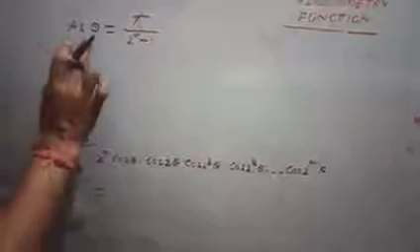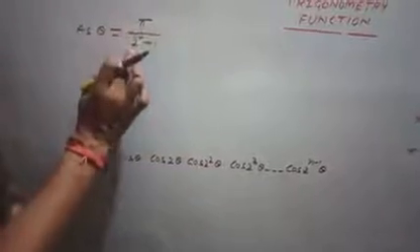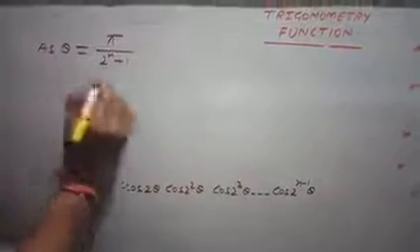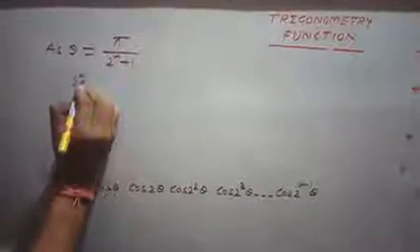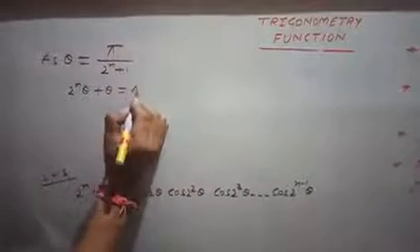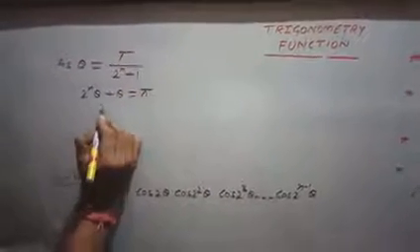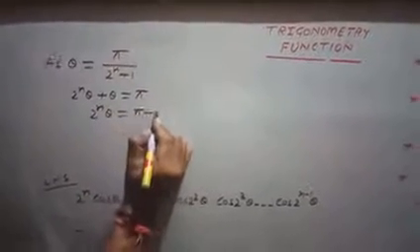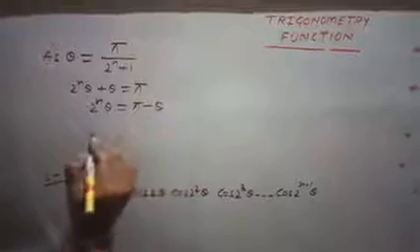Now in this question, this is given theta is equal to pi upon 2 to the power n plus 1, and we have to prove this. So if we multiply, this is 2 to the power n theta plus theta is equal to pi. So in place of 2 to the power n theta, we can write pi minus theta.